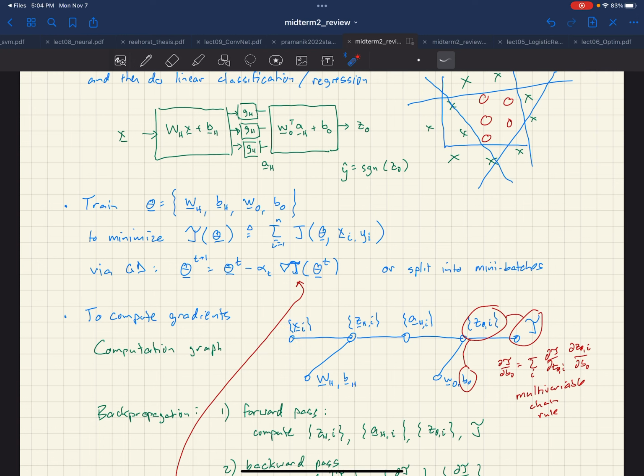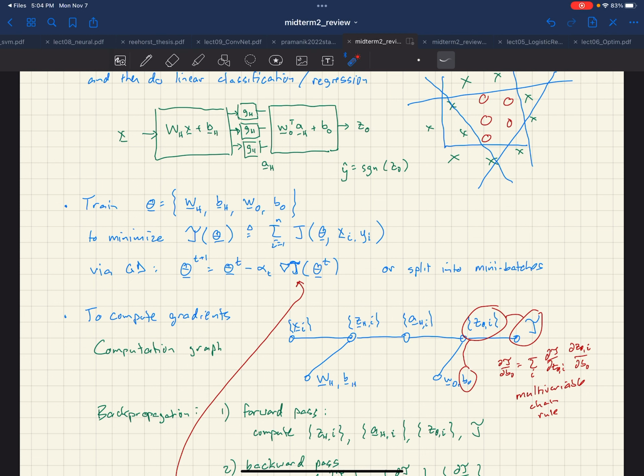To start, we do the forward pass, where we take our xi's and our current weights and biases, and we pass the information through the network and compute all these different numbers. And then for back propagation, we learned about an organized method where we can start on the right side, proceed leftward, and compute all the gradients. At the end, we want to compute the gradients with respect to our parameters.